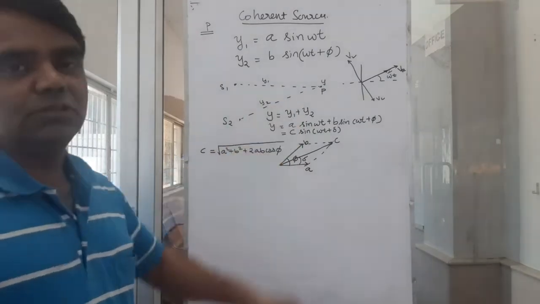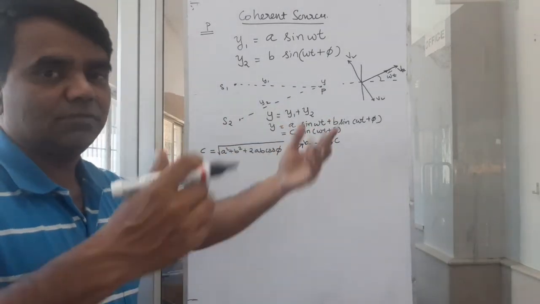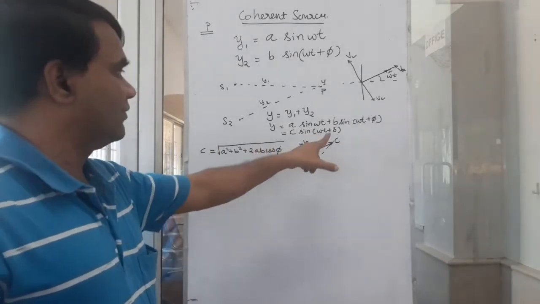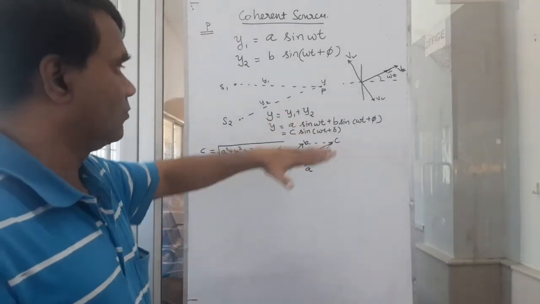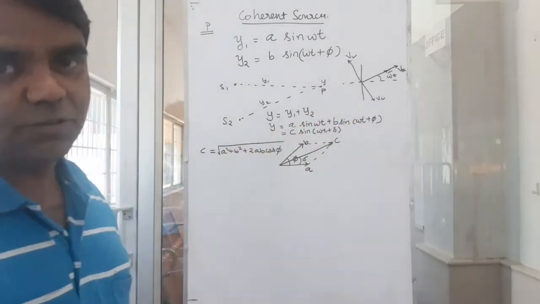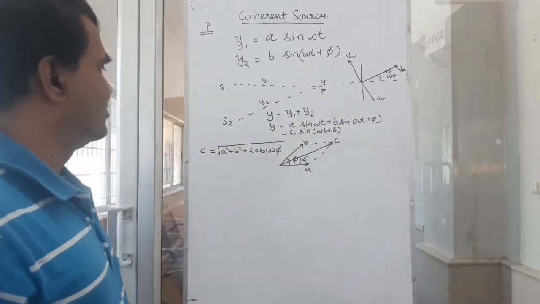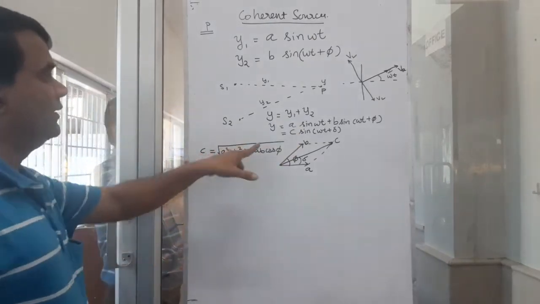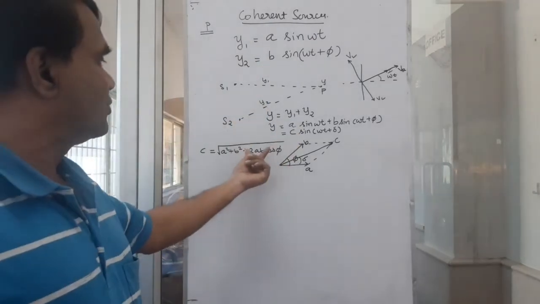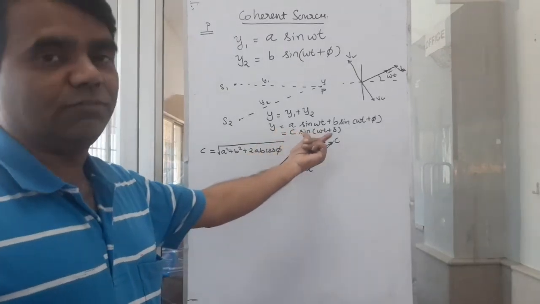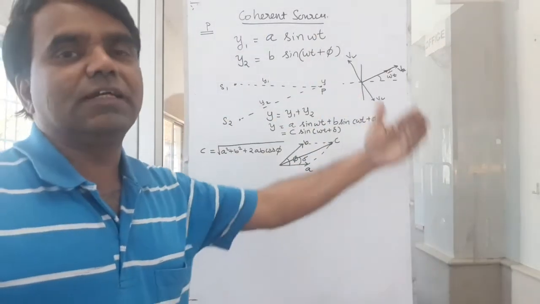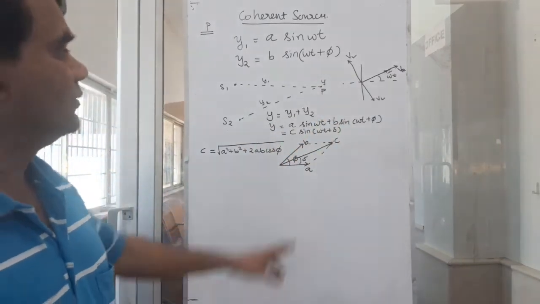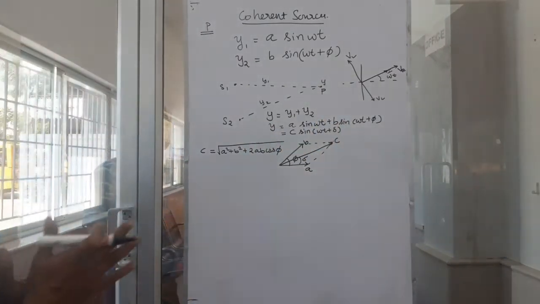Then delta is b sin phi by a plus b cos phi. You can find delta too. I'm not interested in that now, but you can find delta from your vector algebra. So this is the amplitude of the resultant wave. So you see, you also get a sine wave. When you add these two sine waves, you get another sine wave.